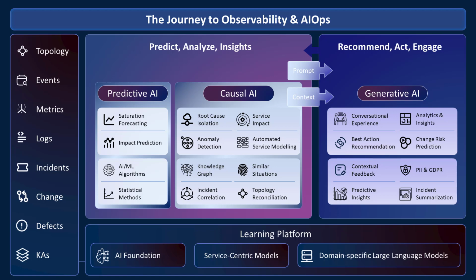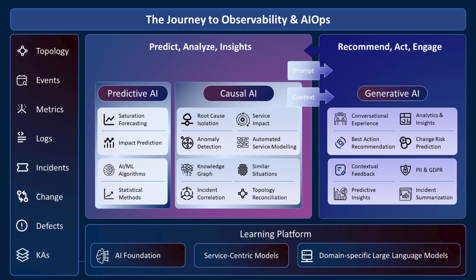And to do that, you actually need to engage in 3 different types of artificial intelligence and machine learning models. You need to have predictive AI for saturation forecasting, for impact prediction.